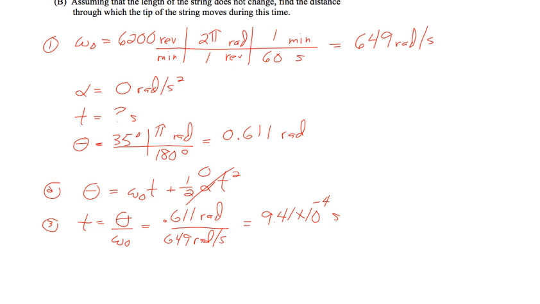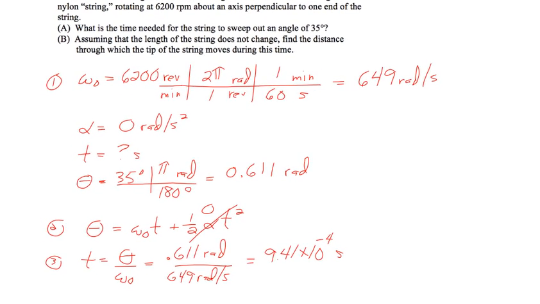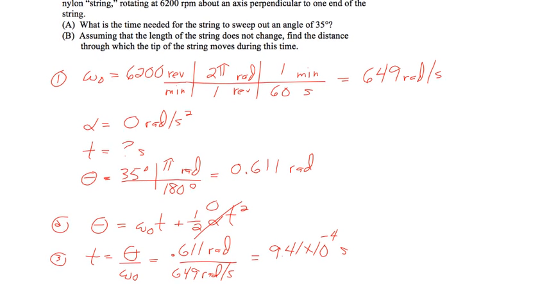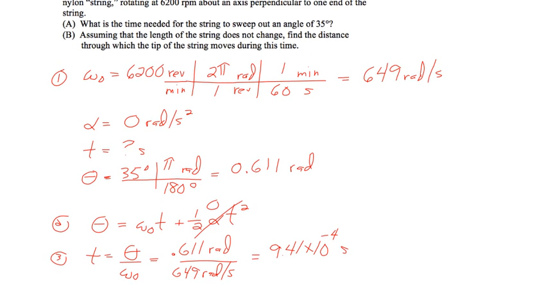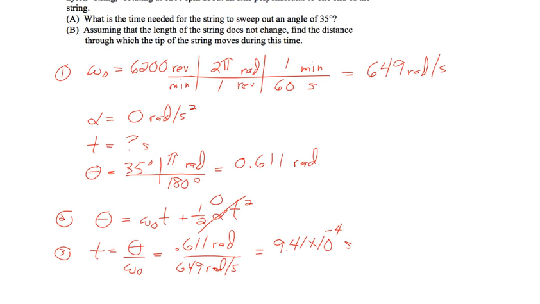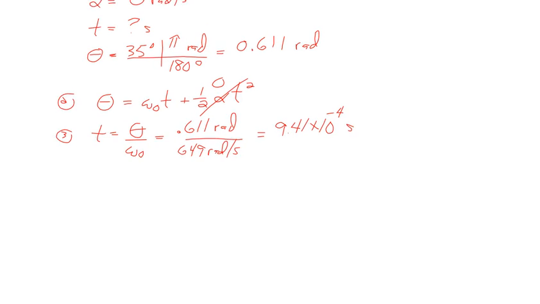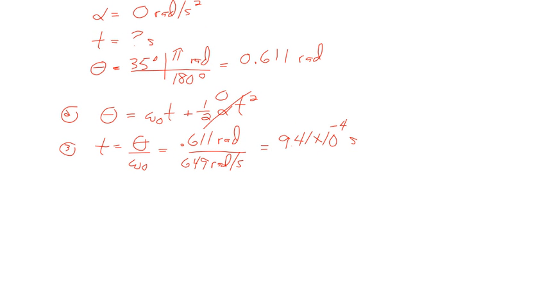And now in part B, it's saying, assume that the length of the string does not change. Find the distance through which the tip of the string moves during this time. So we're looking for an s. It's really an arc length, but we're looking for an s. So I'm going to be using the formula s equals R theta.